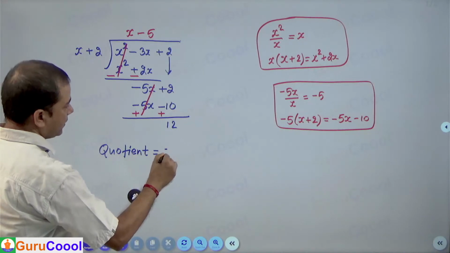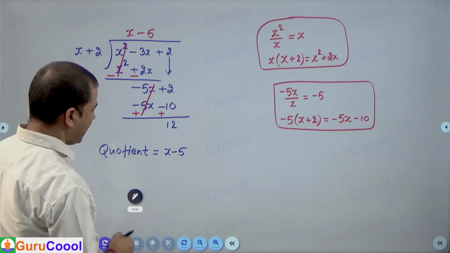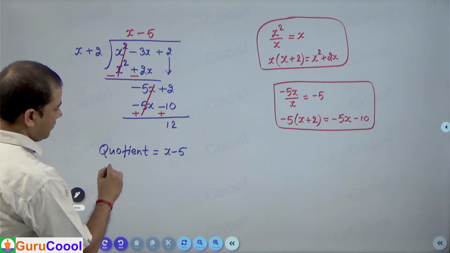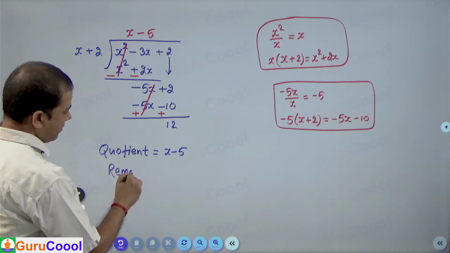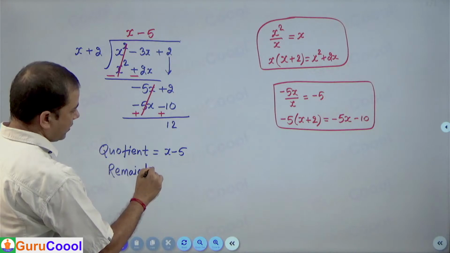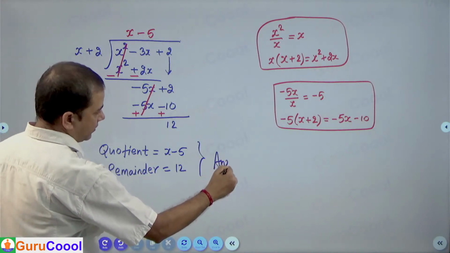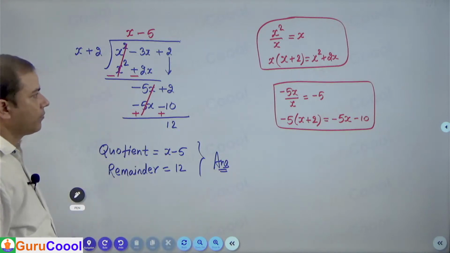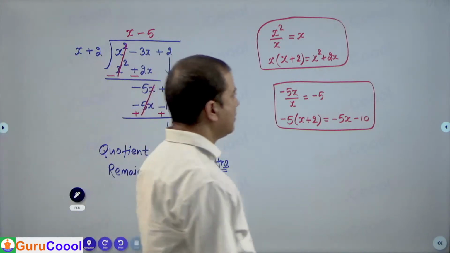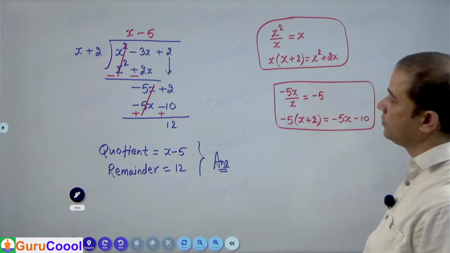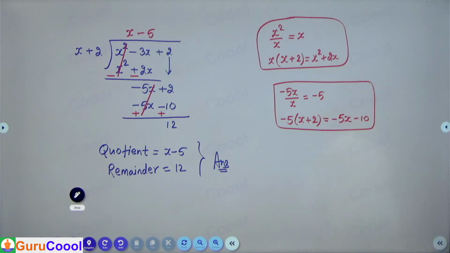Quotient is x minus 5. Remainder is 12, the answer. Any problem? No, sir.